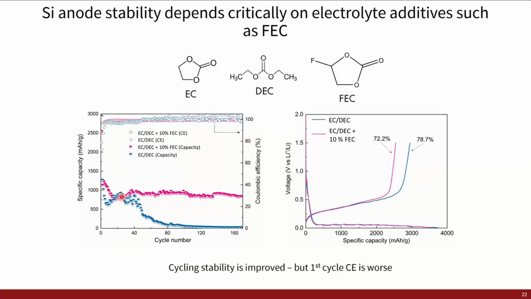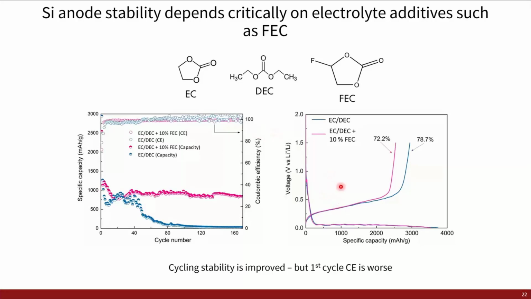The rapid capacity decay of silicon in an FEC-free electrolyte, so just the ethylene carbonate alone. But by adding 10 volume% of FEC, the capacity retention is much improved along with the Coulombic efficiency. So that increases the lifetime of the battery significantly.